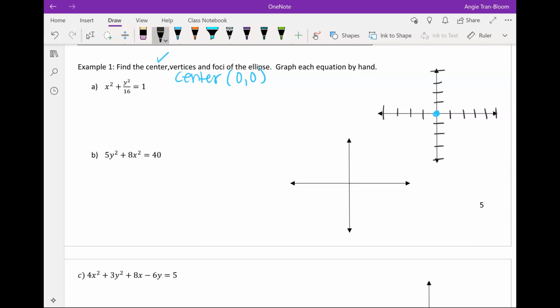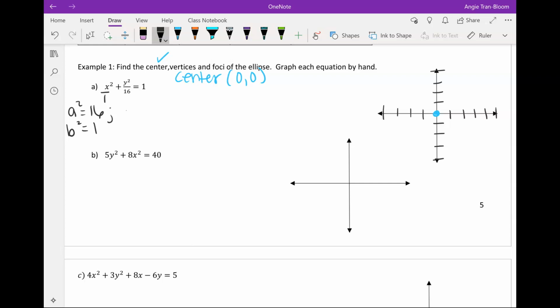Yes. Can you guys see that this is bigger than this? By the way, what's under the x squared? 1. Yeah. So a squared, class, is actually 16. b squared is 1. a squared is always bigger than b squared. And a squared happens to be under the y. So Emma's right. It is going to be vertical.